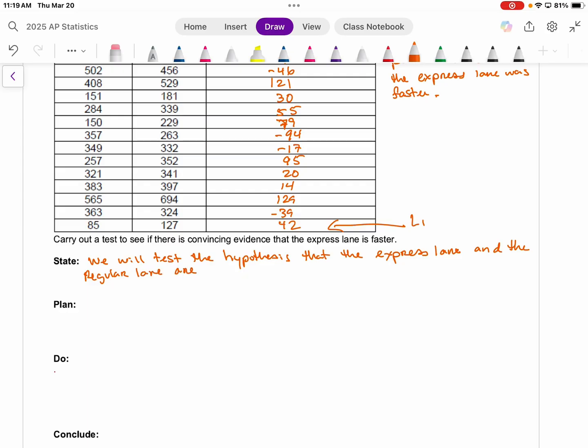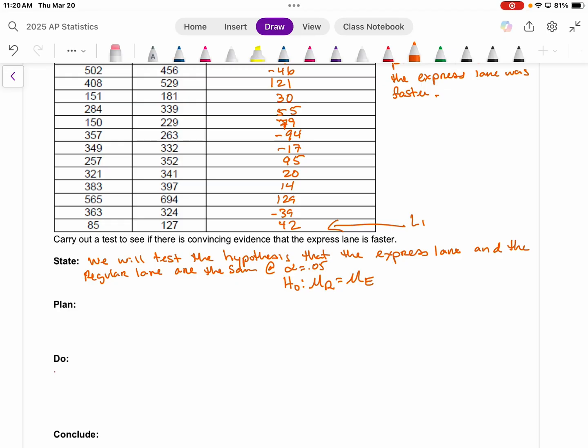Remember, in the null hypothesis, we're saying there is no difference. So for my null hypothesis, mu sub regular is equal to mu sub express, and we're going to do it at an alpha equal to 0.05.